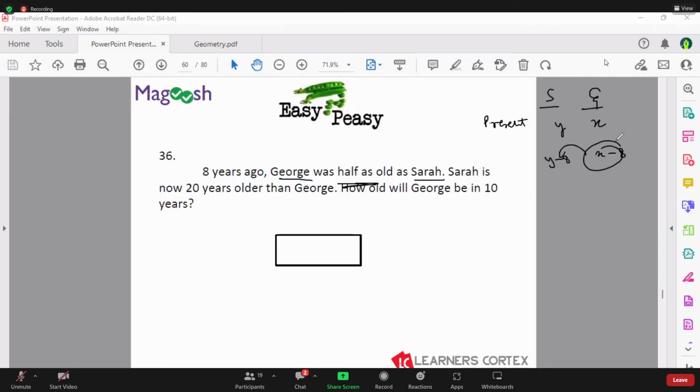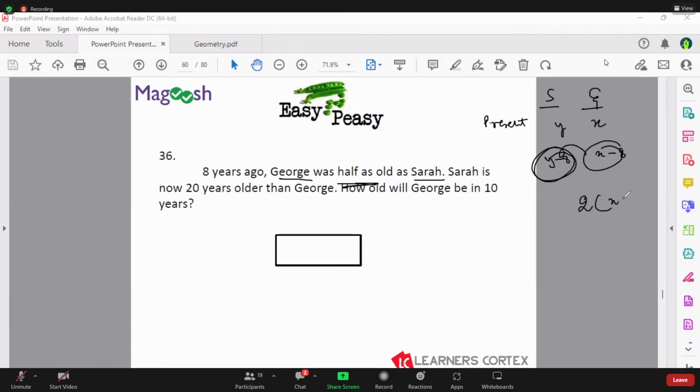This was half of this particular age. So if we multiply 2 here, this becomes equal. Okay. It is given that Sarah is now 20 years older than George. So Y is equal to X plus 20, since George is 20 years younger than Sarah. So this is the relation between these two variables. Does that make sense until here?